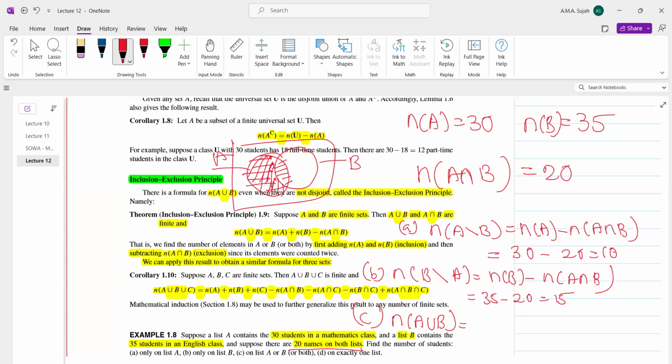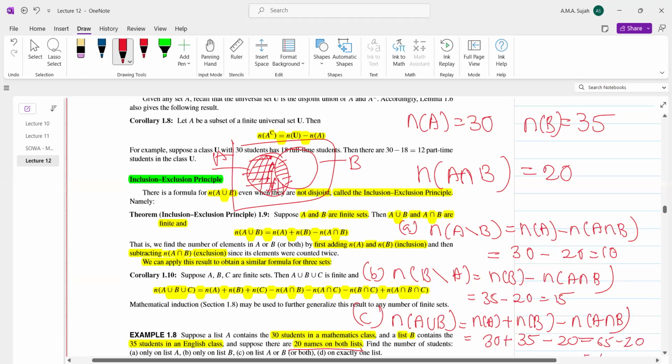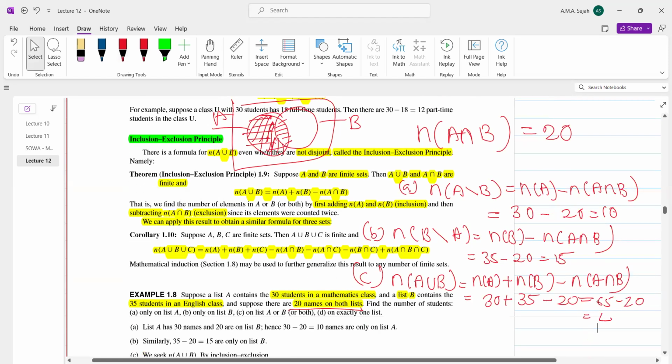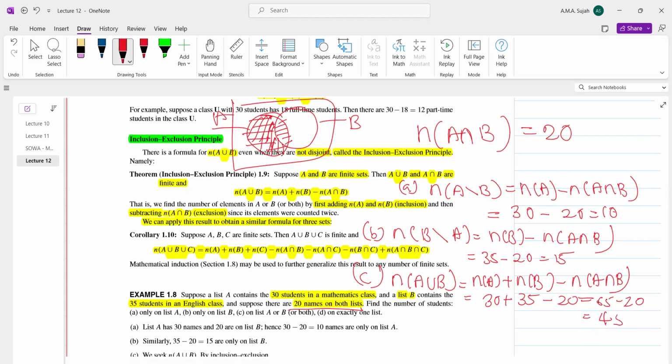Number of A plus number of B subtract number of A intersection B. Number of A is equal to 30, number of B is equal to 35, minus 20. So 65 minus 20, what is that? 45 is the answer.